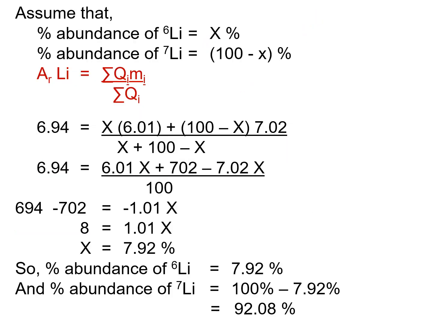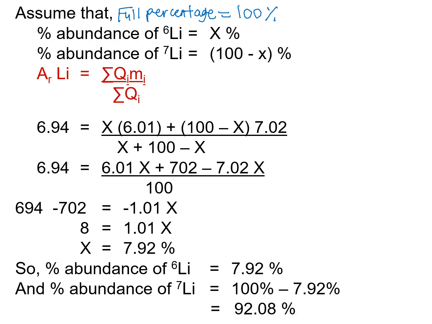So let's look. Soalan nak cari percentage of abundance. So bila soalan nak cari percentage of abundance, you kena tahu full percentage is equals to 100%.